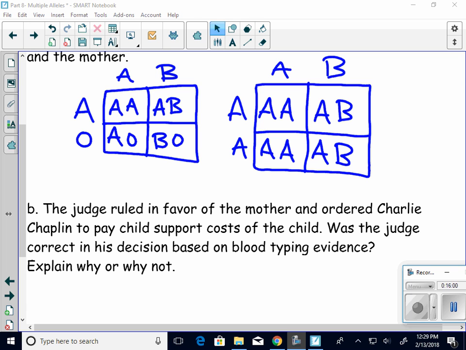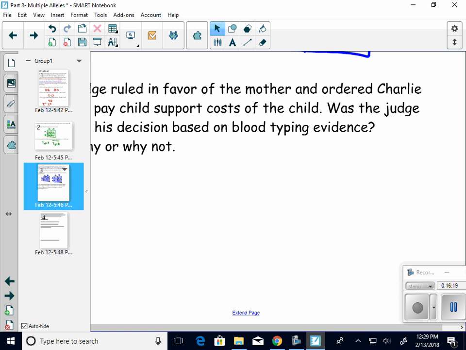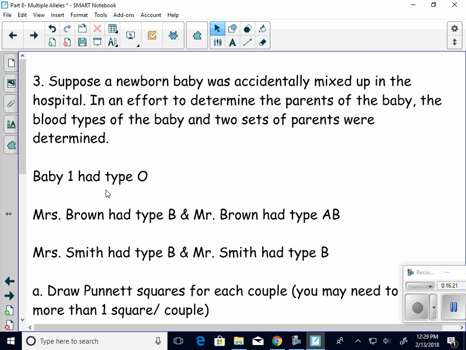Now, see, folks, when we're dealing with this, we use this genetics to help us determine whether somebody was the father or not, correct? Here's another example in which we can do that. Suppose a newborn baby was accidentally mixed up in the hospital.